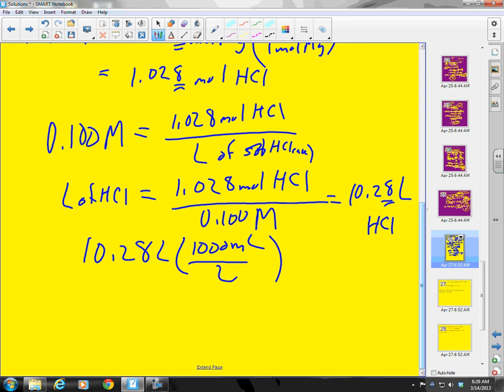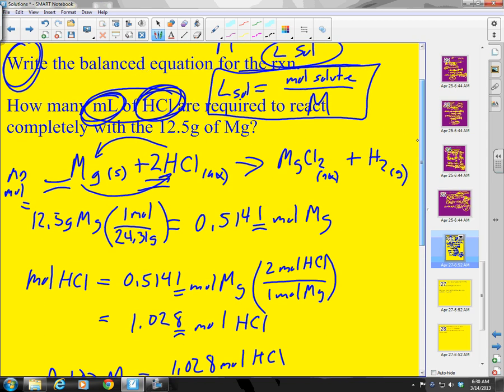And what do I get when I take that? Wow, that's a whole bunch. We want how many sig figs? I think I want 3 sig figs. 10,300 milliliters of HCl. Okay, cool. Make sense? I think it does. Cool.